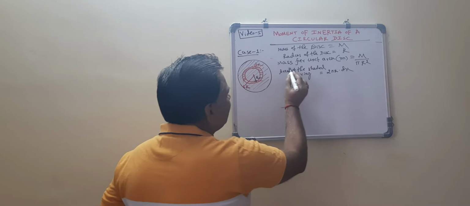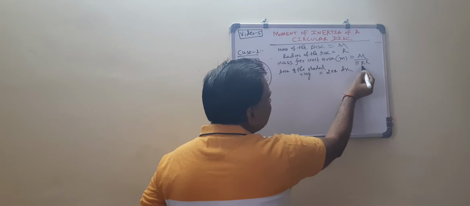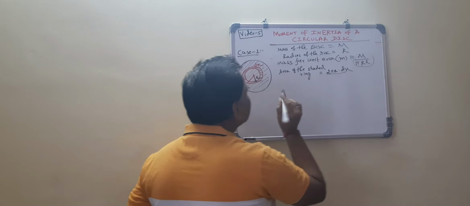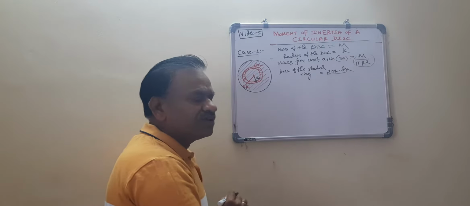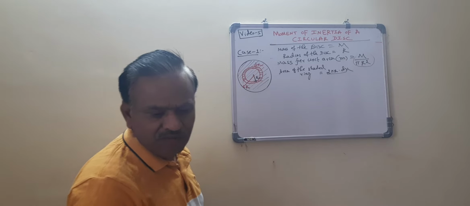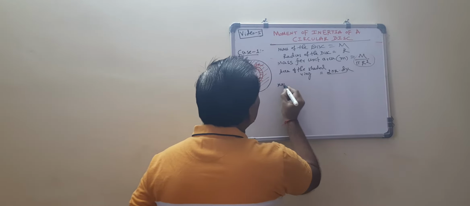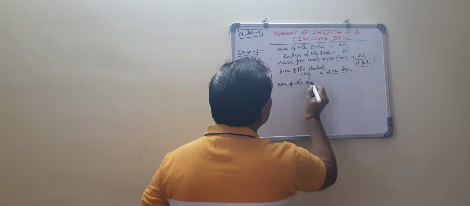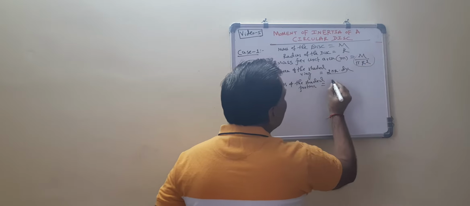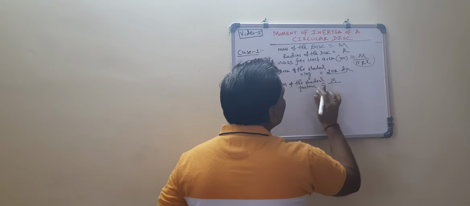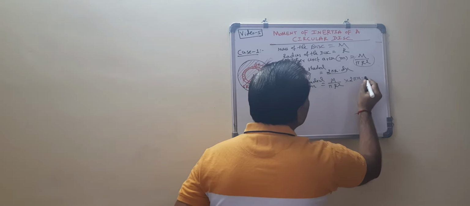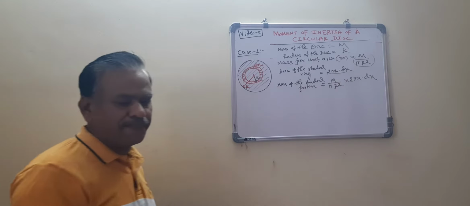Here, the mass per unit area is M divided by pi r square. 2 pi x into dx is the shaded portion. I want the mass of this shaded portion. The mass of the shaded portion is the mass per unit area, M divided by pi r square, into 2 pi x into dx.